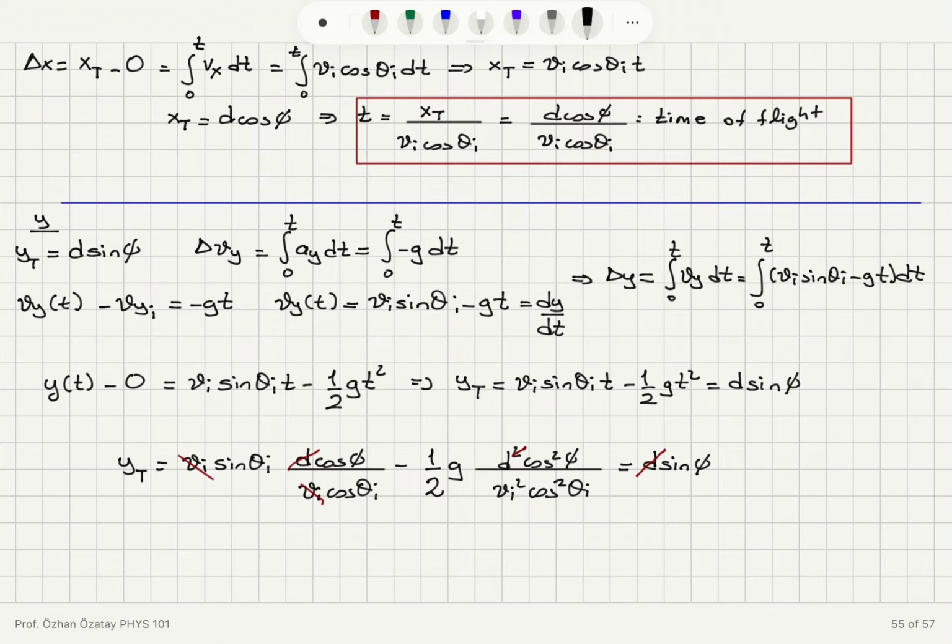So I obtain sine theta initial cosine phi divided by cosine theta initial minus sine phi.